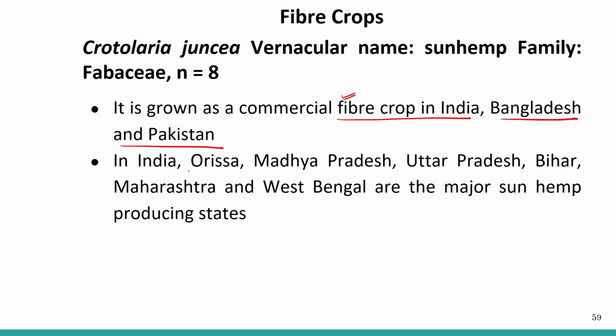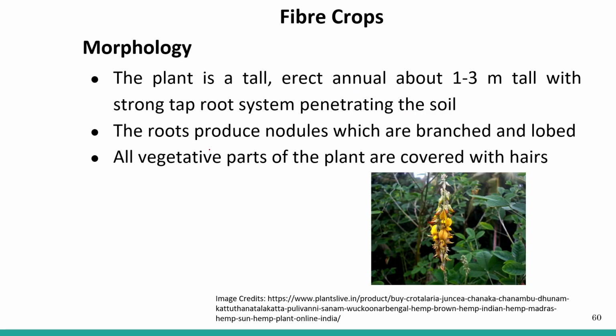In India, the states that grow this plant, Orissa, Madhya Pradesh, Uttar Pradesh, Bihar, Maharashtra and West Bengal, are some of the major sun hemp producing states.